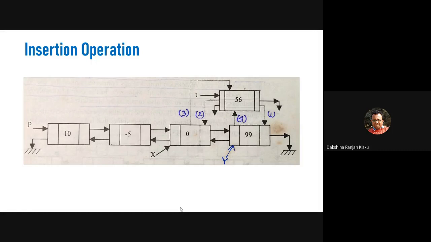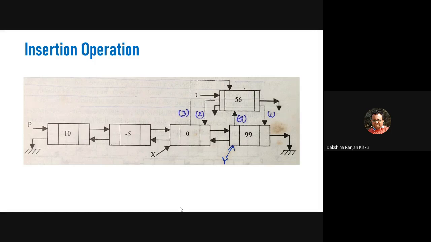Once the link up is made, then we will go for the link part of the preceding node, the right pointer of the preceding node. So now we will update x right equals to t. By writing x right equals to t, the next link part of the preceding node will now point to the new node. So this is the third step.